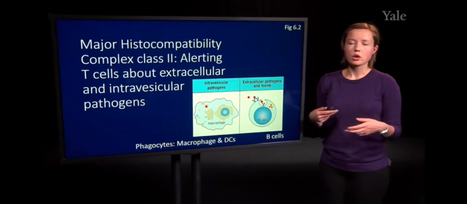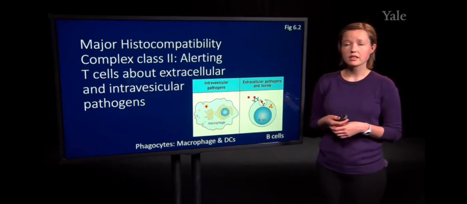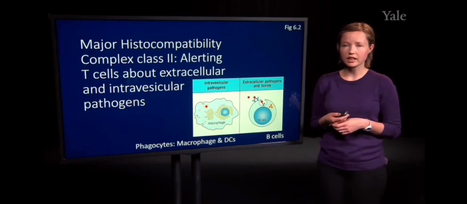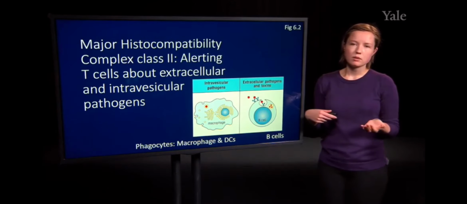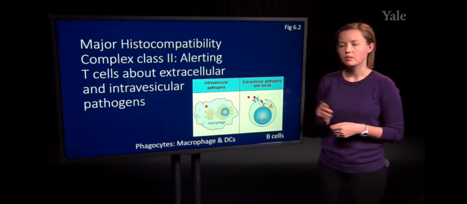cells. When we think about MHC class 1, this can actually happen on all nucleated cells as a way to communicate to T cells whether or not they're infected. However, phagocytes in particular are those that rely on MHC class 2.